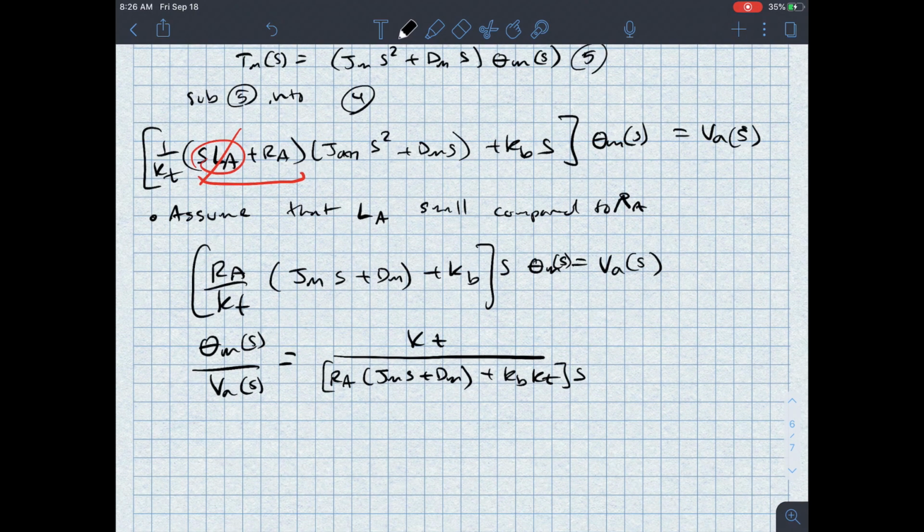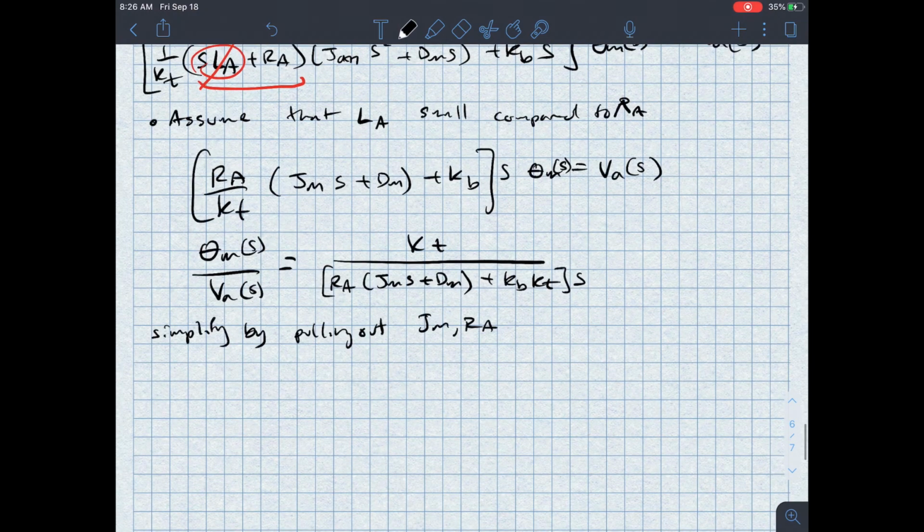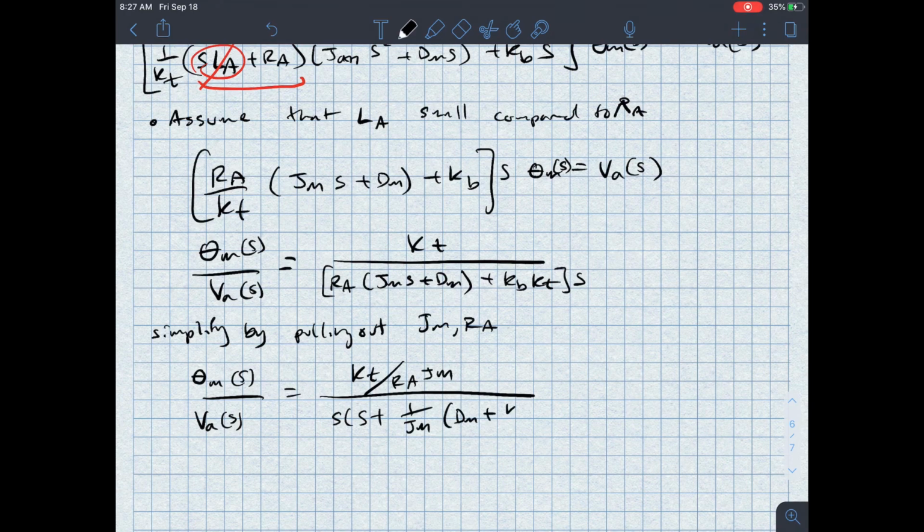I can simplify by pulling out Jm and Ra, and so I'll be left with theta m(s) over Va(s) is equal to Kt over Ra Jm, over s times s plus 1 over Jm, Dm plus Kt Kb over Ra.